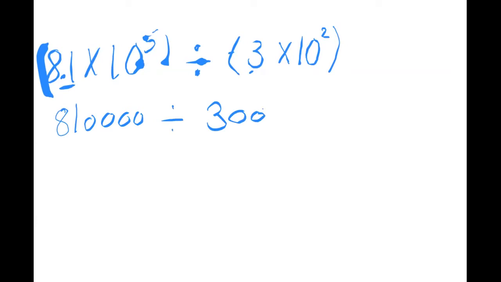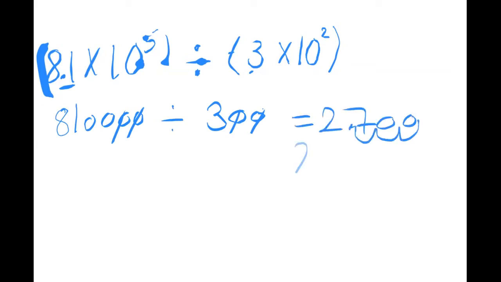As you know, in division we cross out the zeros, so we can cross them out. So it will become 81 divided by 3, and that gives us 2,700. And we write it back in standard form. It will be 2.7 times 10 power of 3. So both are correct, and both will give us the same answer.